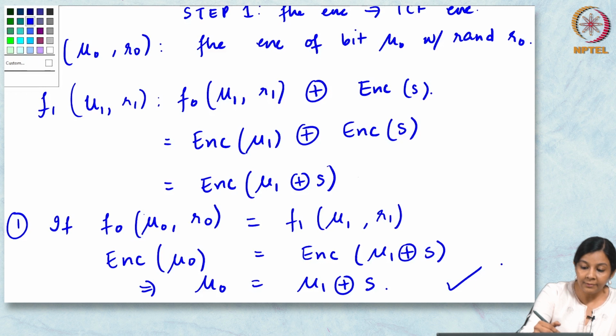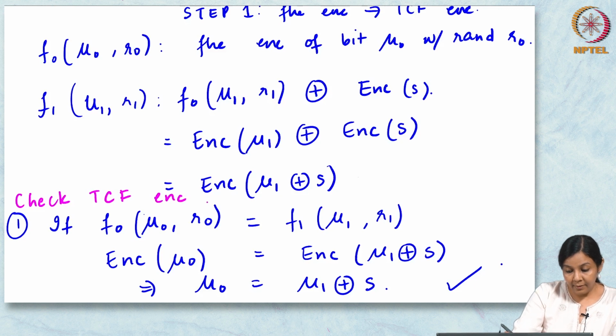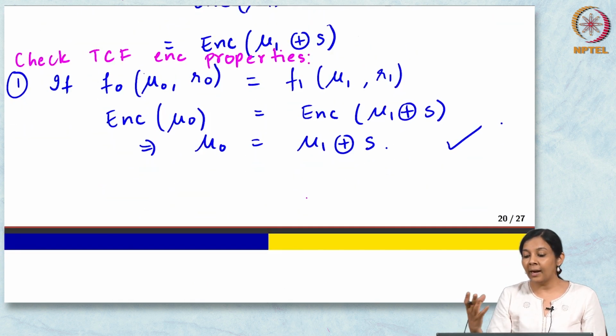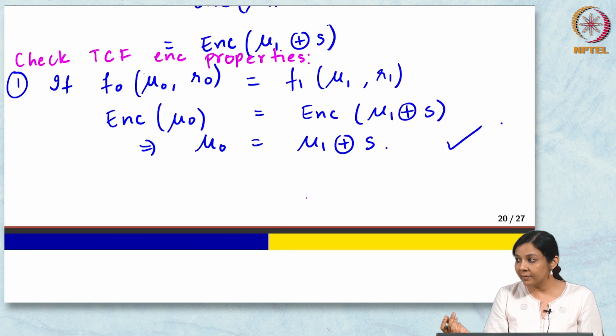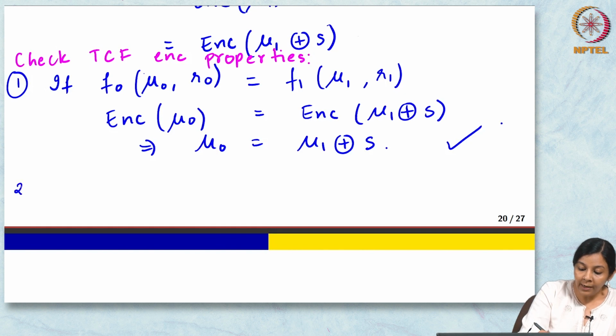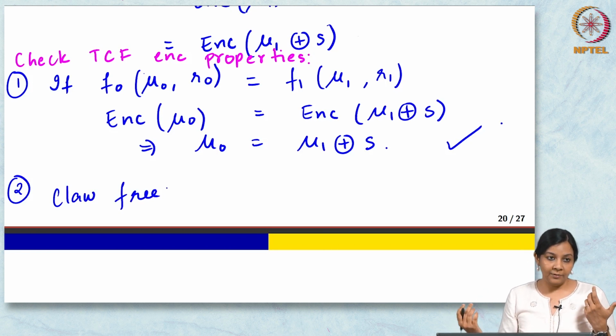So, let me just write here for clarity, check TCF encryption properties. The very first property had better be that it is actually encoding S. Now, I also need other properties. What are my other properties? It should be claw free. That means it should be hard to find the mu 0, r 0, mu 1, r 1.